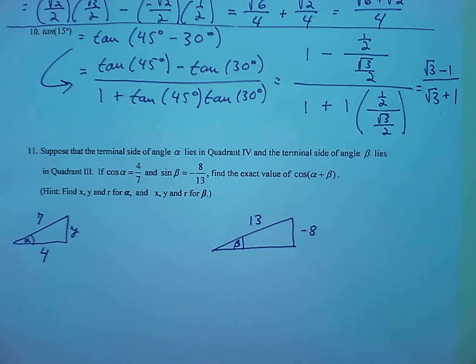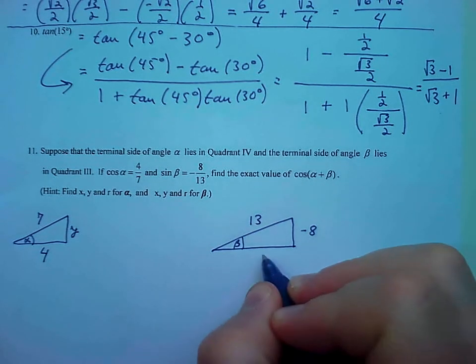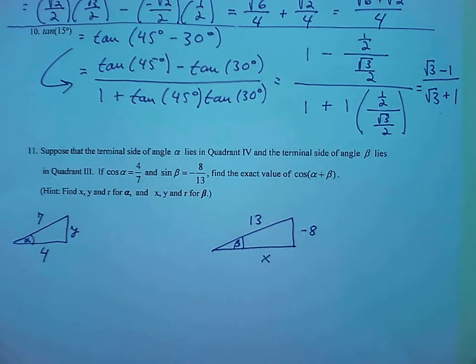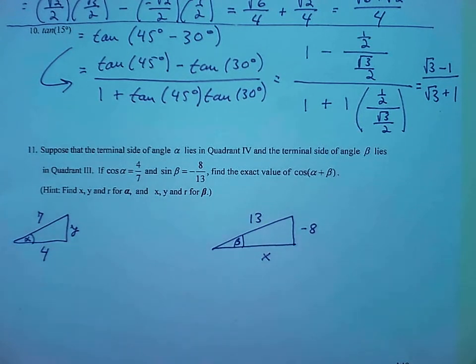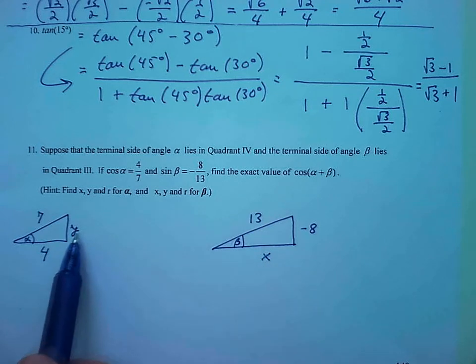So then we'll call that negative 8/13, and we'll say that we don't know what this x side is right here. I know that this negative sign is a little bit strange for the side of a triangle, but we're going with it for right now so we can figure out what x is and also what y is.